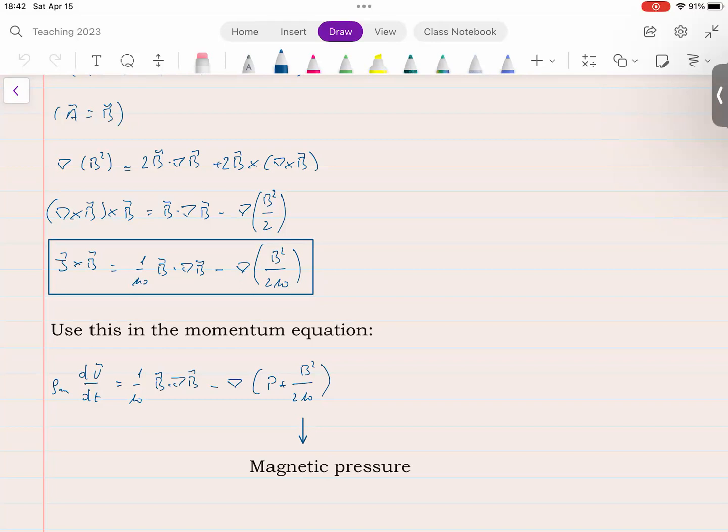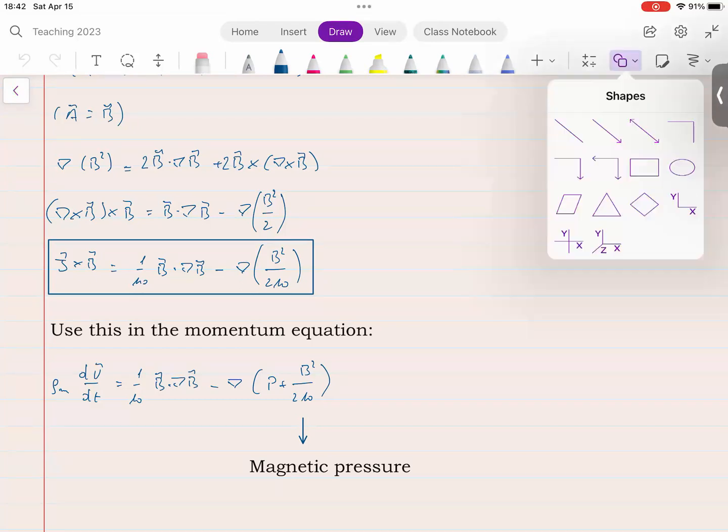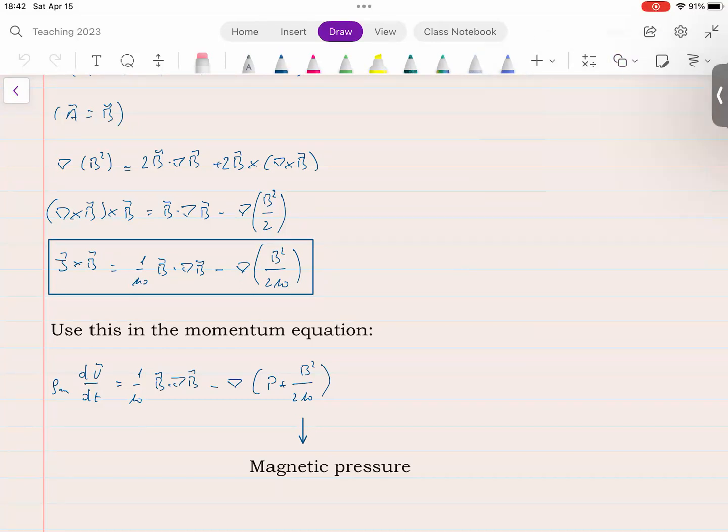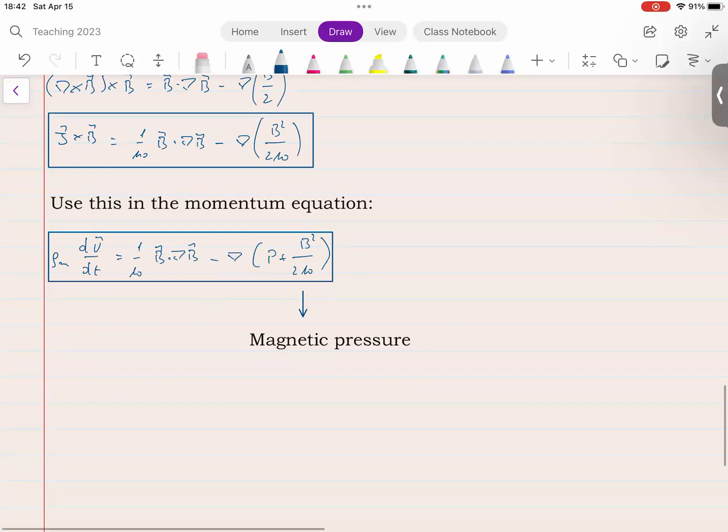Writing the momentum equation this way actually also allows you to naturally introduce another quantity.